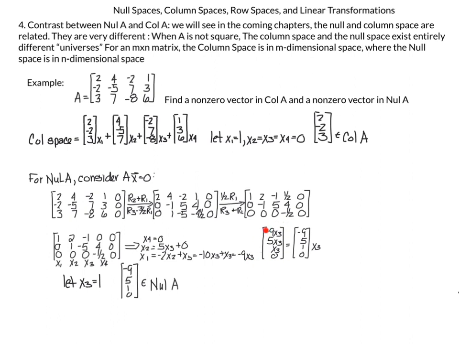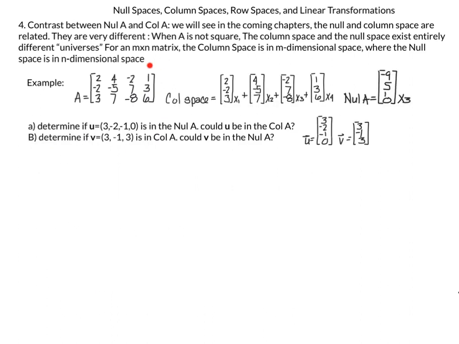I wrote my solution as x1 equals -9x3, x2 is 5x3, I have my x3, and x4 is equal to 0. So taking out my x3, I get the vector (-9, 5, 1, 0) times x3. So any scalar multiple of (-9, 5, 1, 0) would be in the null space. So I chose x3 equal to 1, and this is my null space vector.